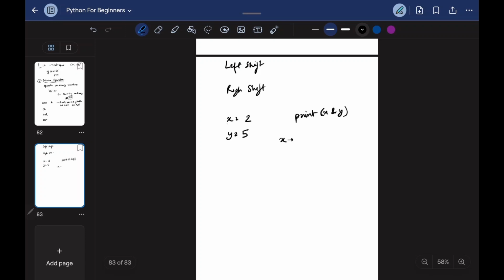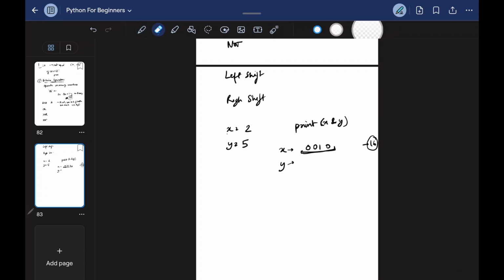First we'll convert it into binary numbers. Actually, sorry, my bad, it is a 16-bit binary number, that's the correct term.